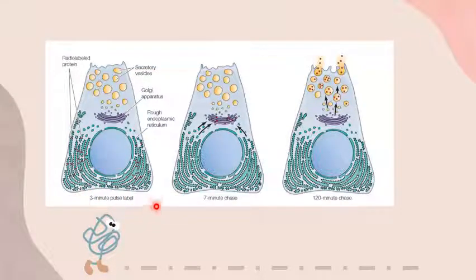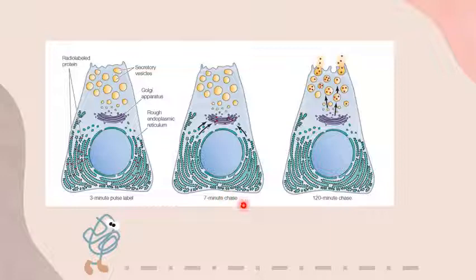First, they went through a pulse step, which is incubation for 3 minutes with radioactive amino acids. You can see here the autoradiography revealed that the newly synthesized proteins were localized on the rough endoplasmic reticulum, here in red.